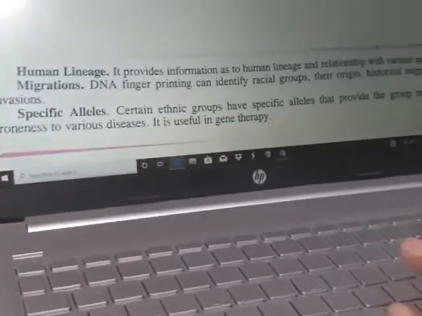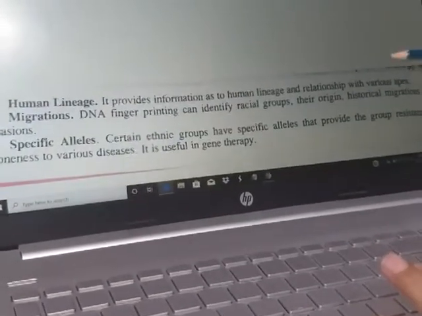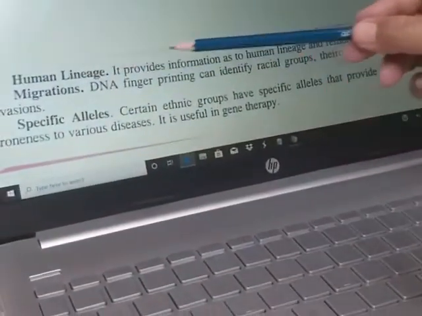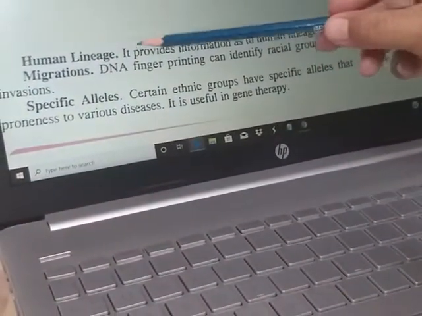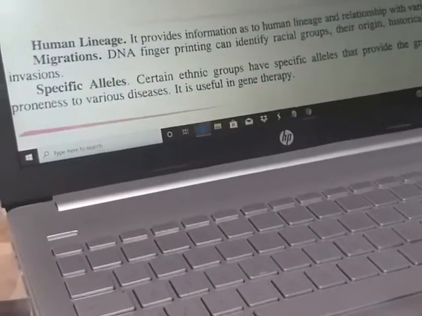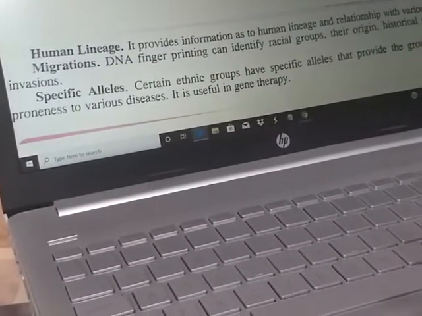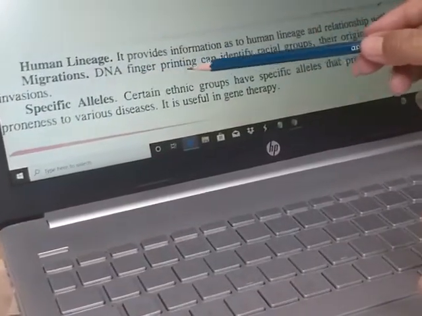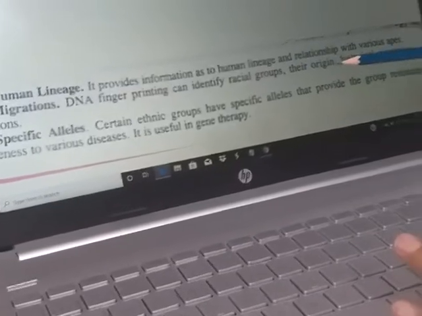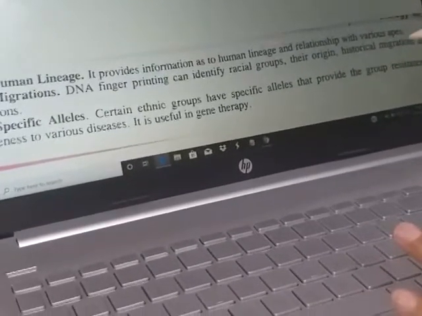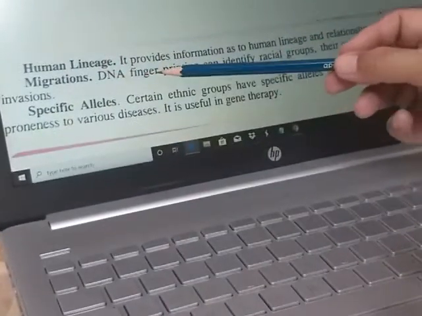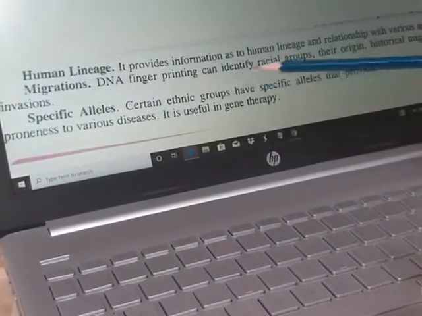If we compare the DNA of past and present, we can get the lineage, the order, the sequence of relationship. DNA fingerprinting can identify racial groups, their origin, historical migrants, and also invasions. So we can also identify the migrants. Their DNA may differ.